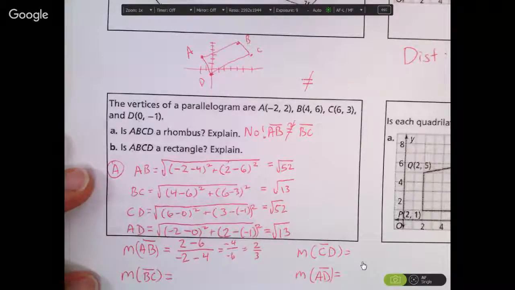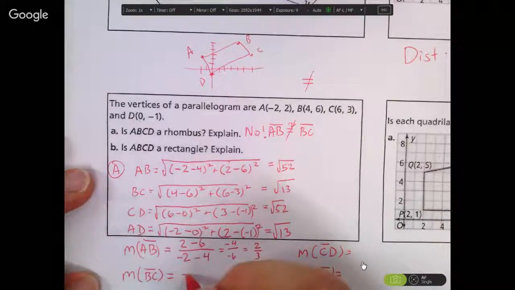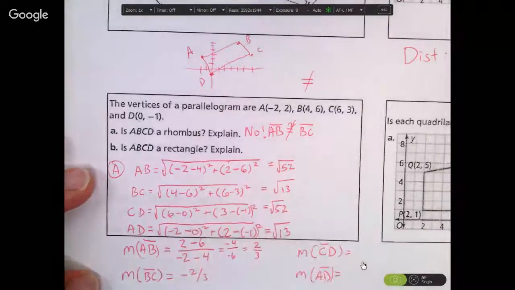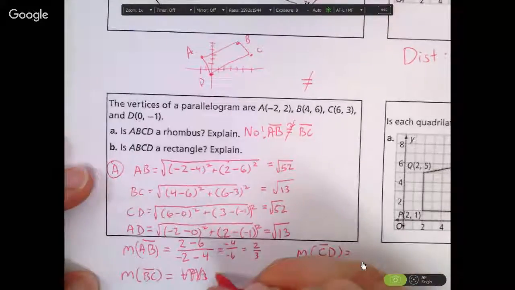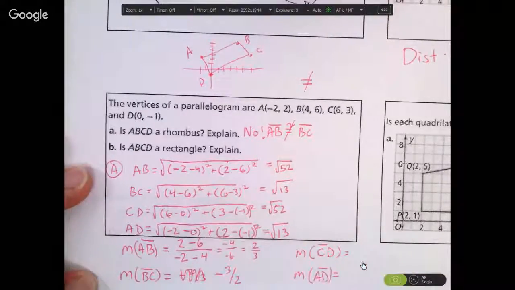It's negative 2/3. It's not negative 3/2, it's negative 2/3. I did extra graph. What's CD?